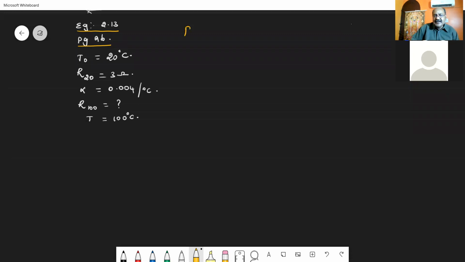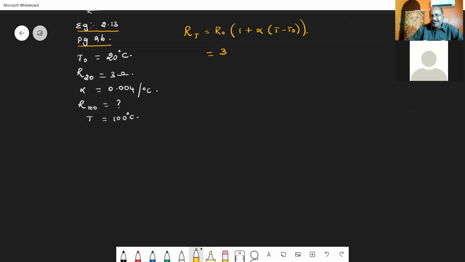We know the formula: resistance at one particular temperature, RT is equal to R0 into 1 plus alpha into T minus T0. What is R0? R0 is being considered as R20.